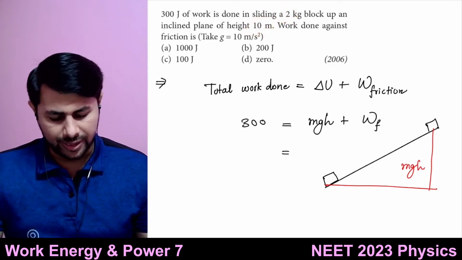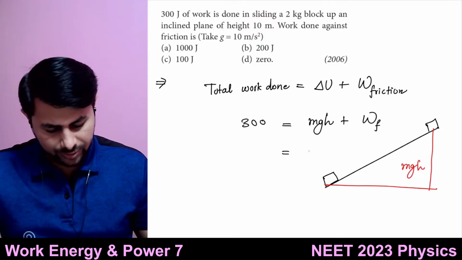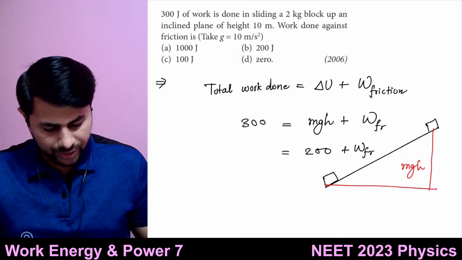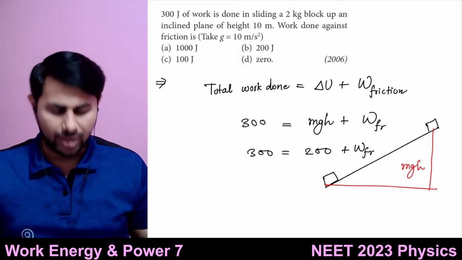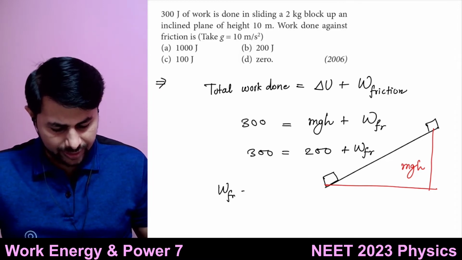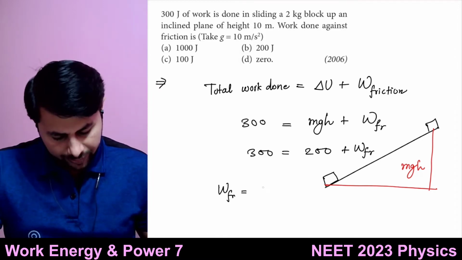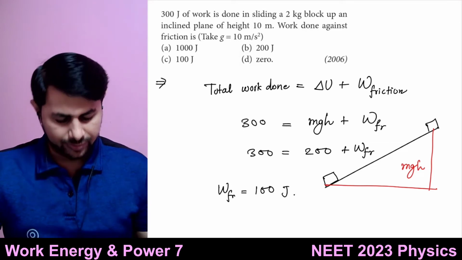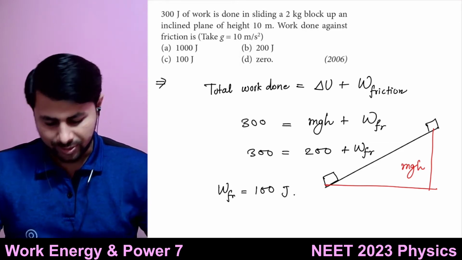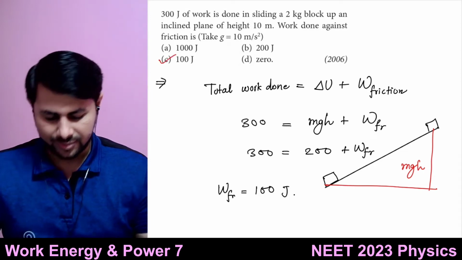So 2 times 10 into 10, that is 200, plus work done against friction. So work done against friction is equal to 300 minus 200, that is 100 joules. Straightforward and very simple question. Option C is the answer.